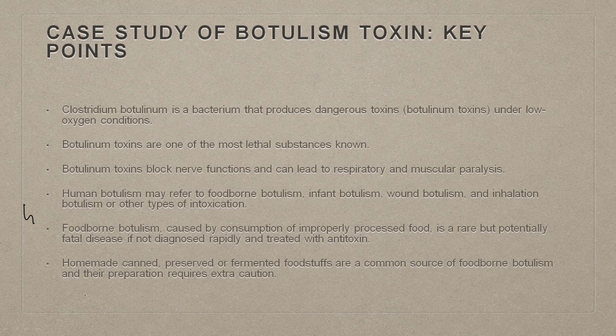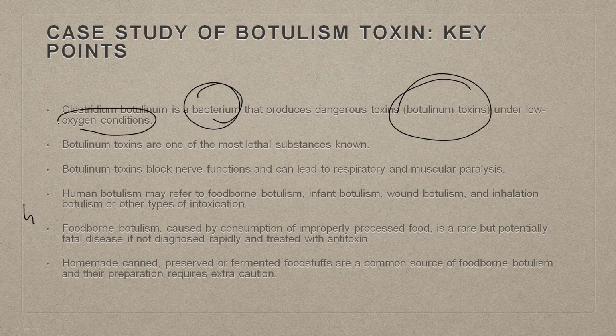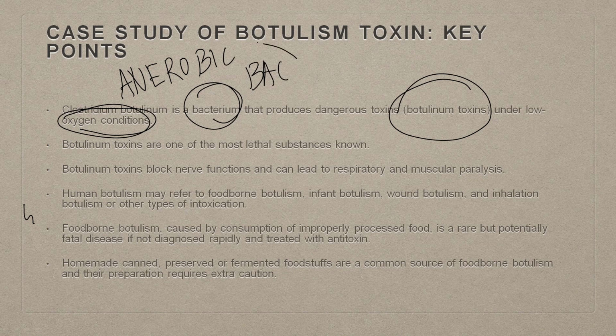Now, if we look at the case study of botulinum toxin, the key points for us to remember is that Clostridium botulinum is a bacterium, first of all, that produces a dangerous toxin called botulinum toxin under low oxygen condition. So, this is an anaerobic bacteria. So, when we are talking about anaerobic bacteria, you have to be cautious about places where there is lack of oxygen.